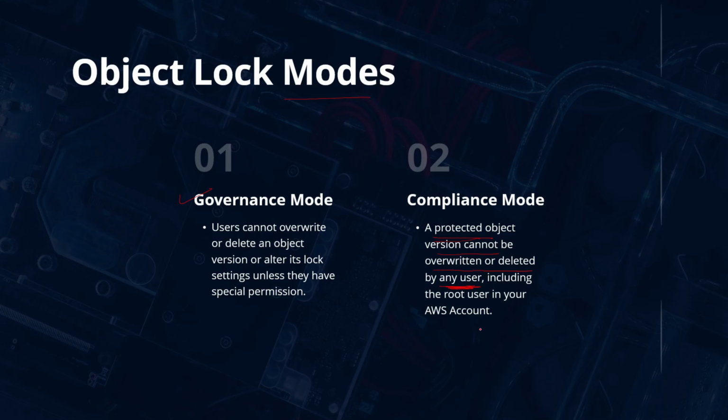So even though the root user has the highest privilege across your AWS organization or AWS account, that root user cannot delete or overwrite that specified object if you are in compliance mode. But if you are in governance mode, the root user or any user who has those special permissions can alter or delete that specified object.